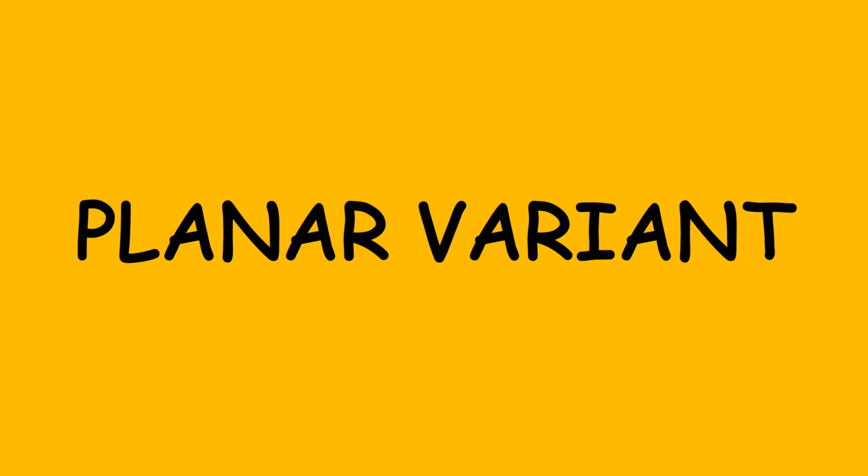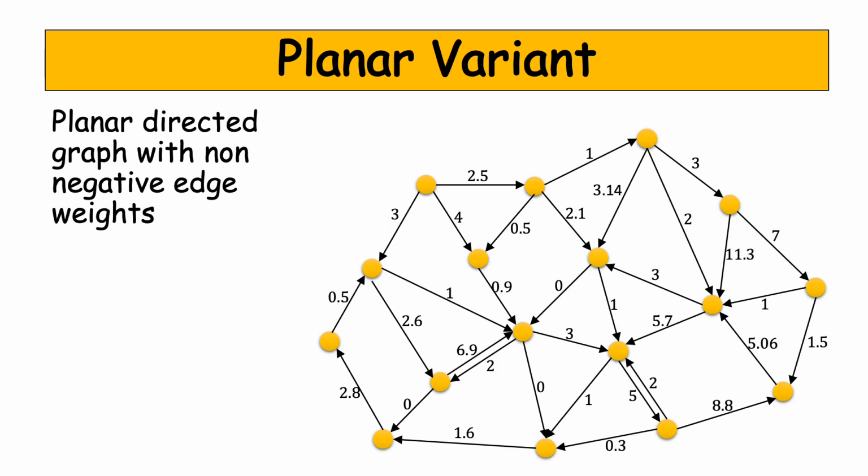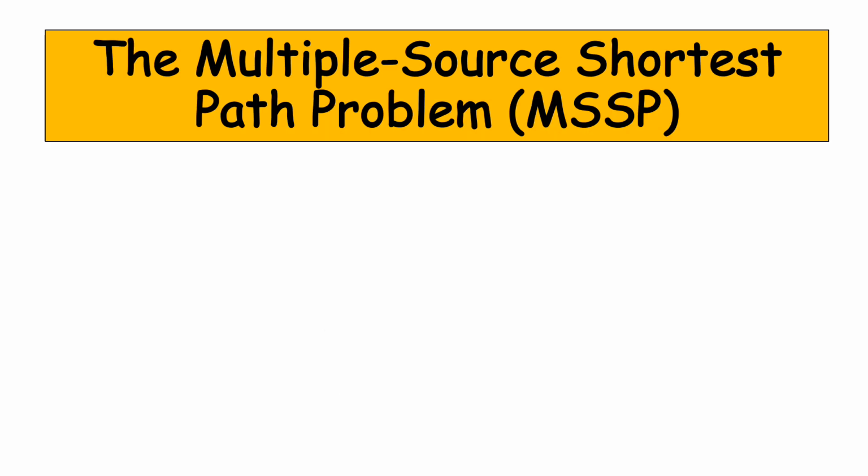So now let's see how we can solve the planar variant as well. So recall that in the planar variant we are given a directed planar graph with non-negative edge weights. Okay, so in the M variant we had the distance oracle of Hüstenberg and Zwick that enabled us to solve the problem efficiently.